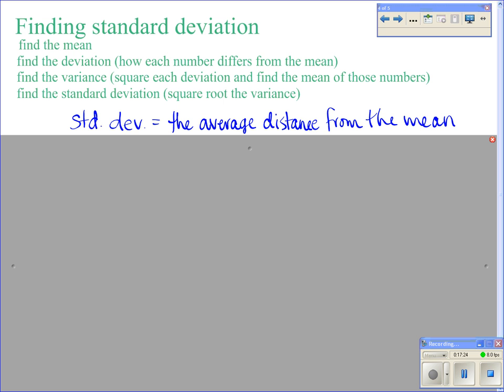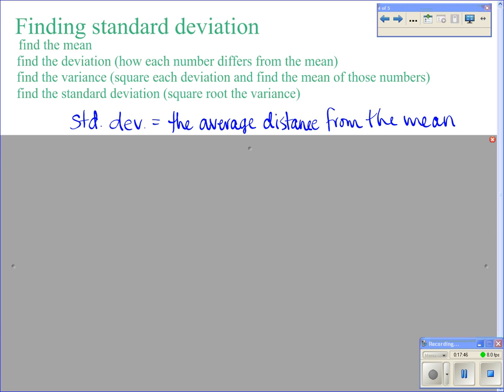It tells you the average units away from the mean your numbers are. So if your numbers are really close together, they're probably going to be really close to the mean, with a number that's like 1 or 2 away from that number. Whatever we get for our answer is the average distance from whatever our mean ends up being.